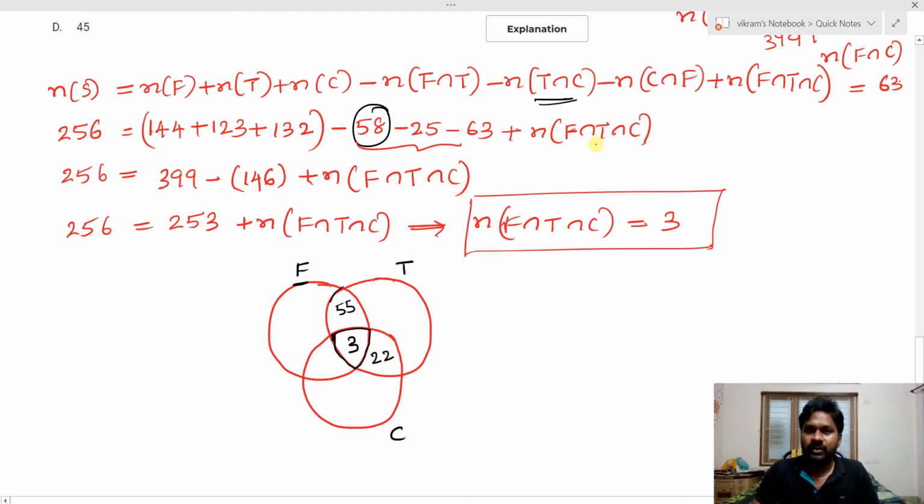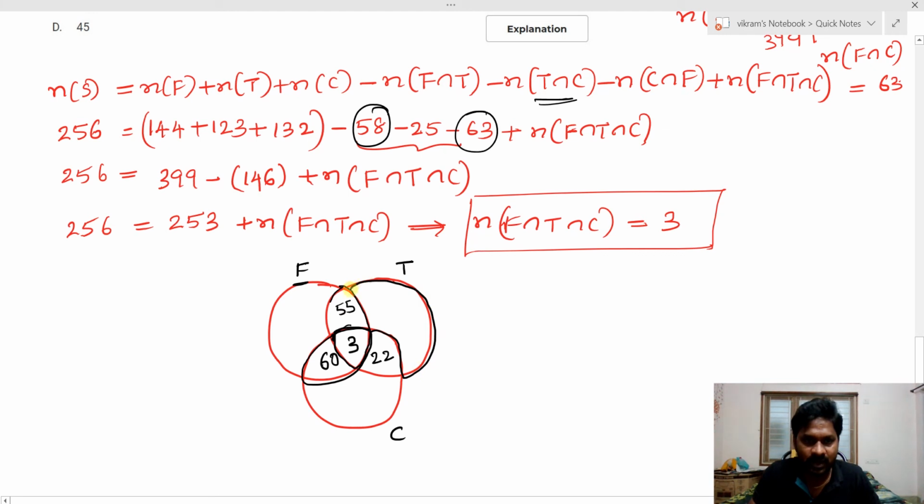Coming to cricket and football, totally 63 players, but 3 are already counted, so only football and cricket play 60 members.